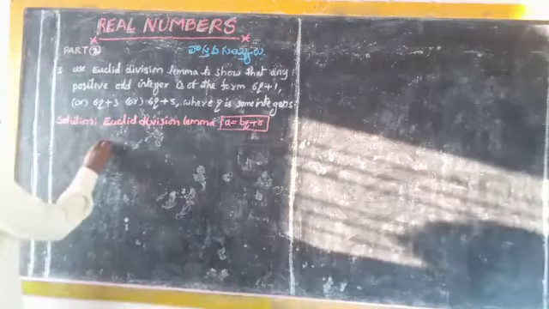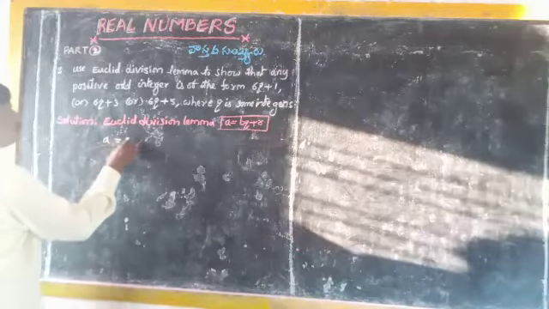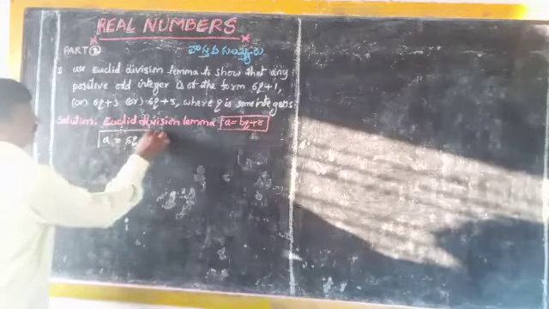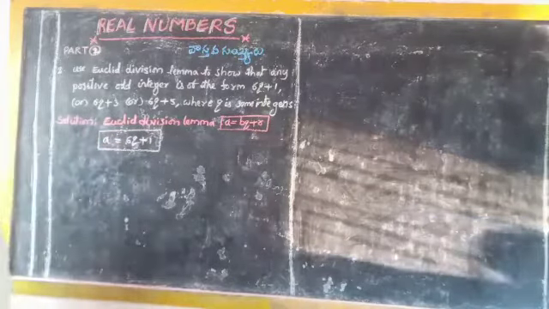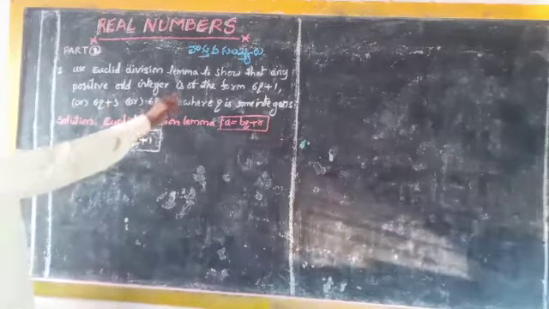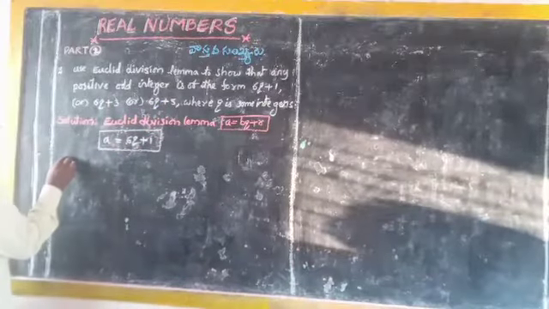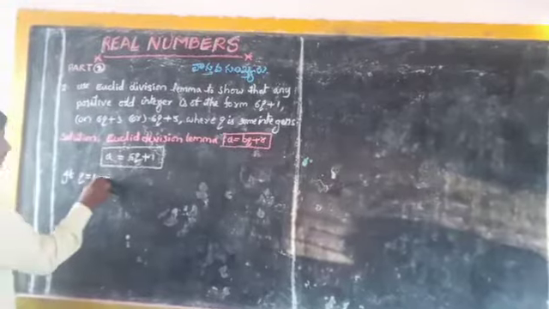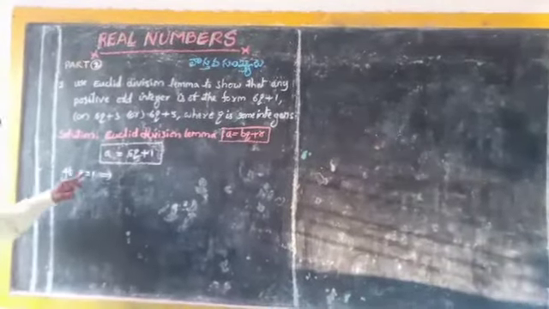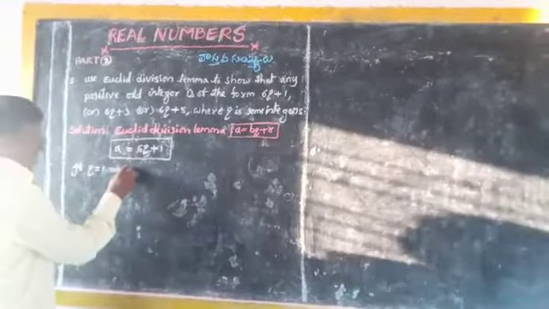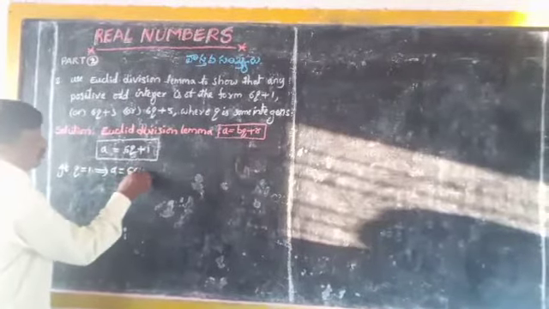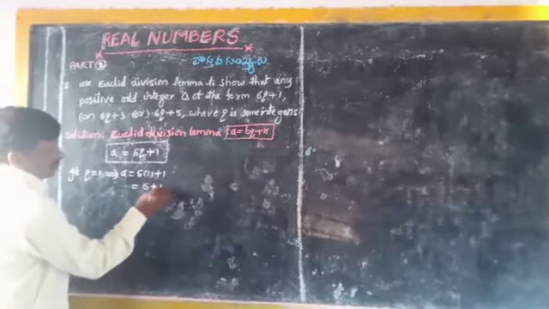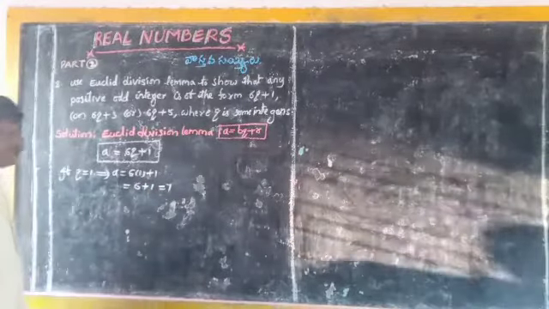Now first, a is equal to 6q plus 1. So q is a positive integer. If q is 1, then a is equal to 6 into 1 plus 1, so 6 plus 1 is equal to 7.